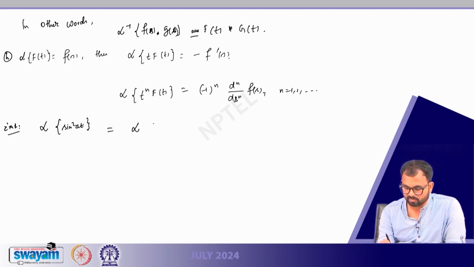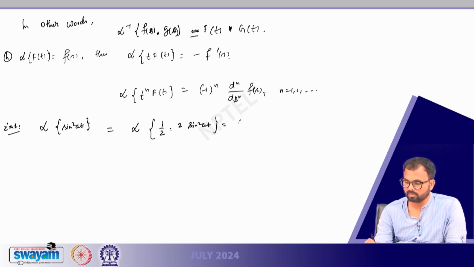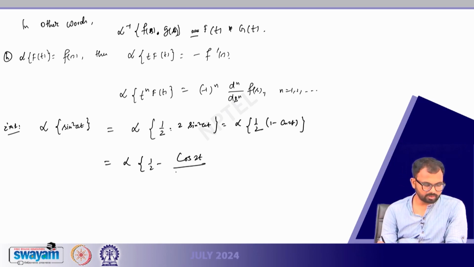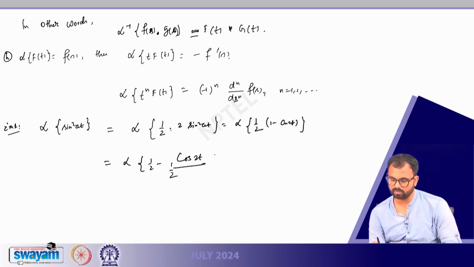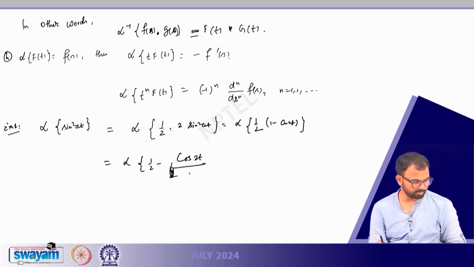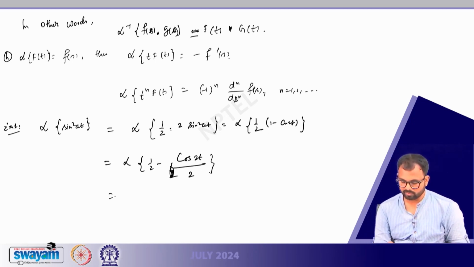So, we have the Laplace transform of 1 by 2 times 2 sin square at. So, this is the Laplace transform of 1 by 2 times (1 minus cos 2t), and therefore, this will become the Laplace transform of half minus cos 2t by 2. Now the Laplace transform will go individually.